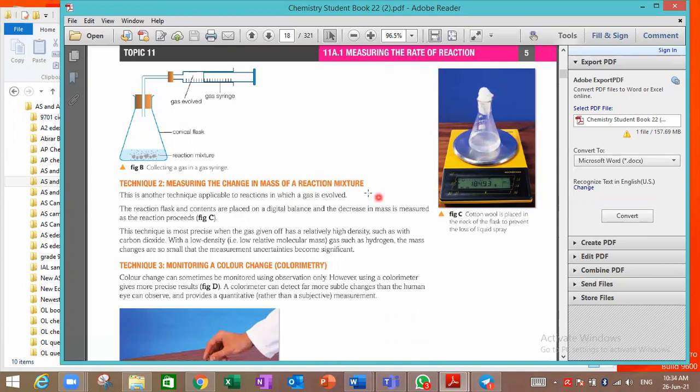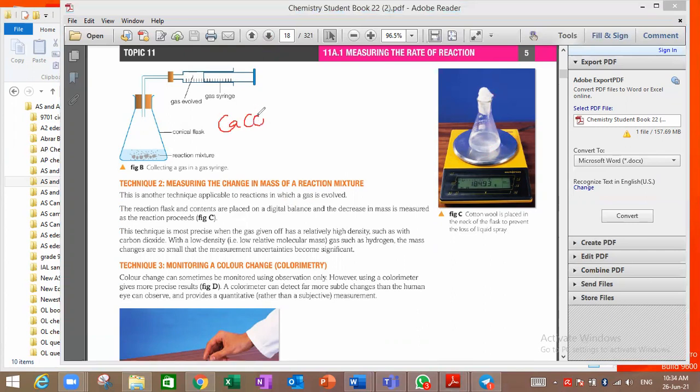Like, for example, as we said, if we have a reaction of calcium carbonate reacting with hydrochloric acid to form calcium chloride plus carbon dioxide gas plus water. So here we have carbon dioxide gas produced.